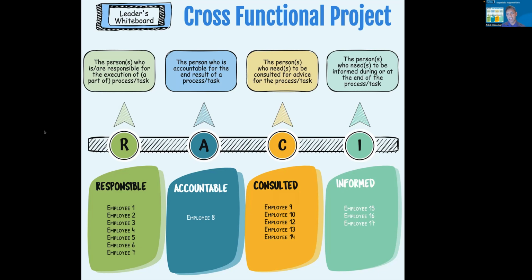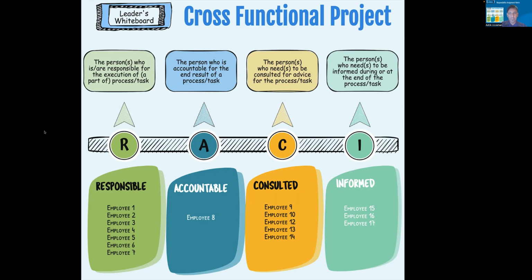Those are RACI. So let's see what's the first category of people who are involved in this cross-functional project out of these multiple teams. The first is R, people who are responsible for the tasks in that project or a particular task or a set of tasks in that project.